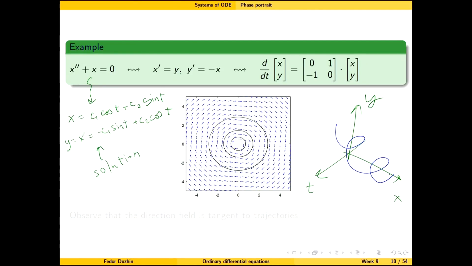Sorry, in the other direction. So it's a spiral that goes along the t axis. So that's the solution. But when we forget t, the whole solution collapses to the plane, and then what we see is this trajectory. Right. So this is a solution, and this is a trajectory.